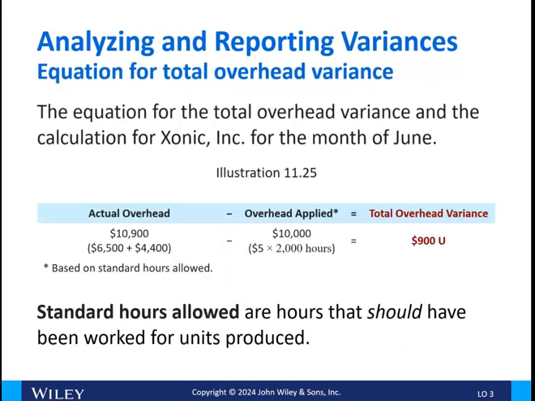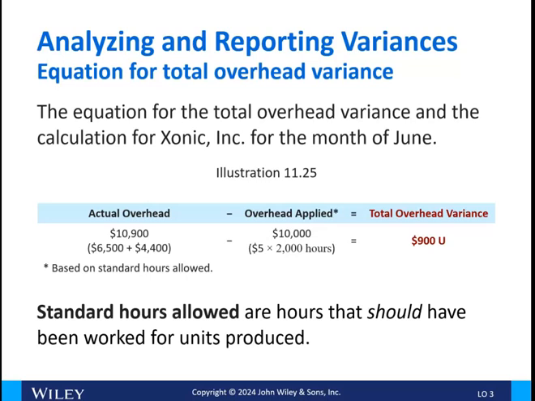So if we take our actual overhead, the 10,900, minus our overhead applied, which was $10,000 in this case, $5 per hour, 2,000 hours to produce 1,000 units. We see that we spent more overhead than was applied, so our overhead variance is unfavorable.